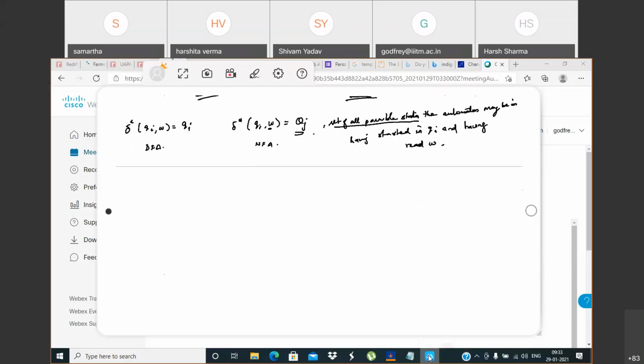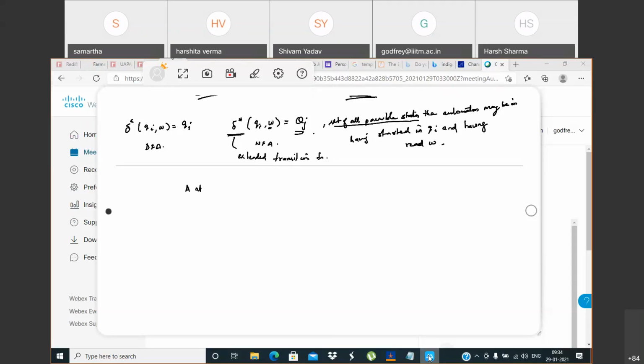Now we can define this extended transition function. It's going to contain Qj if and only if there is a walk in the transition graph from Qi to Qj labeled w.